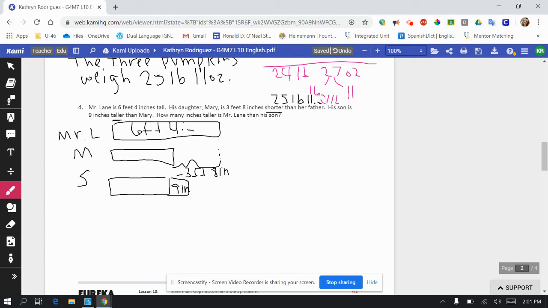All right, how many inches taller is Mr. Lane than his son? So this is where it's extra tricky. Here's the question in pink, okay? And then here's really the question. We're comparing Mr. Lane with his son. So asking how much taller. All right, so what's the first step?